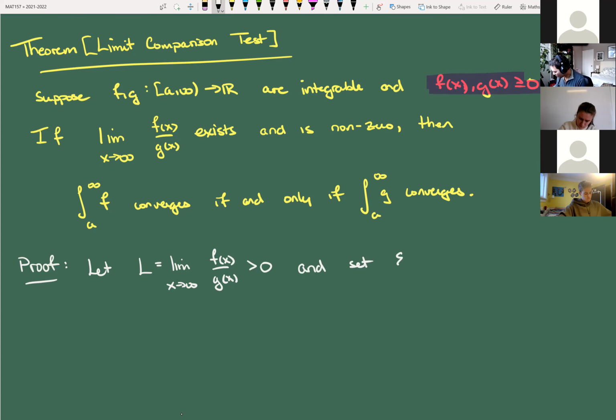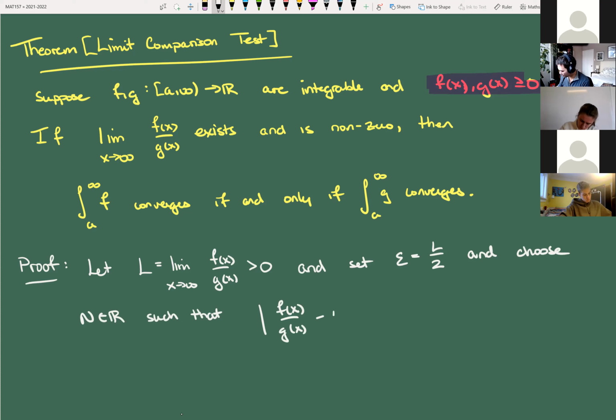So we're going to set epsilon to be L over 2 and choose n in R such that f of x over g of x minus L is less than L over 2 if x is greater than or equal to n.